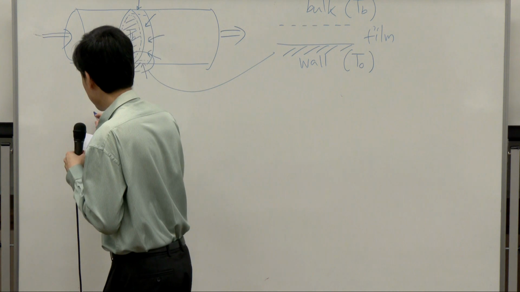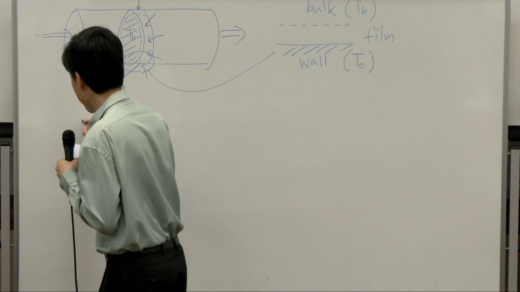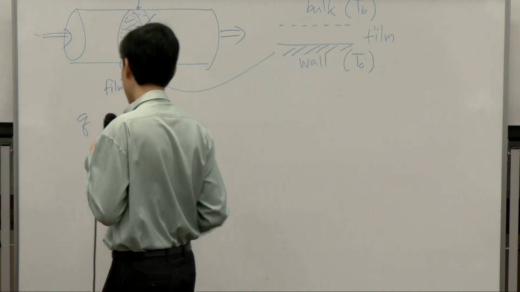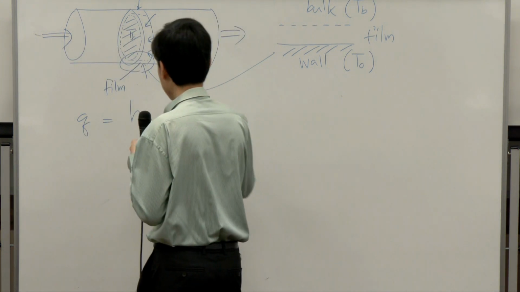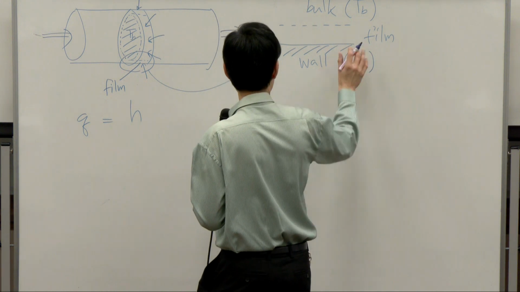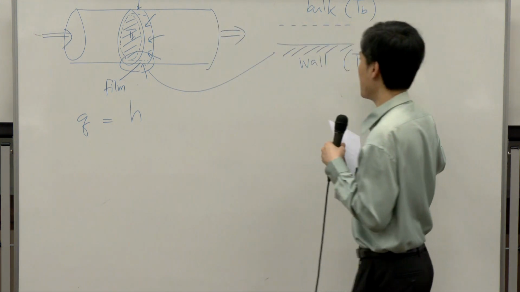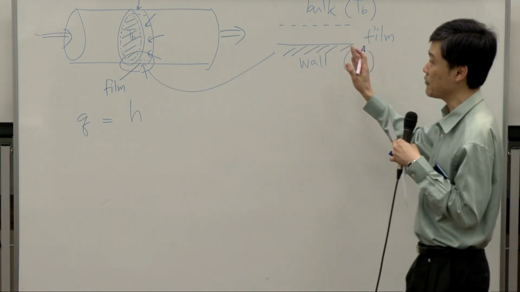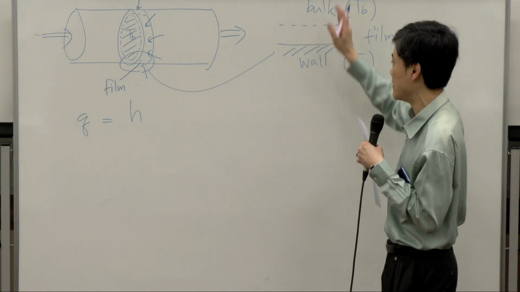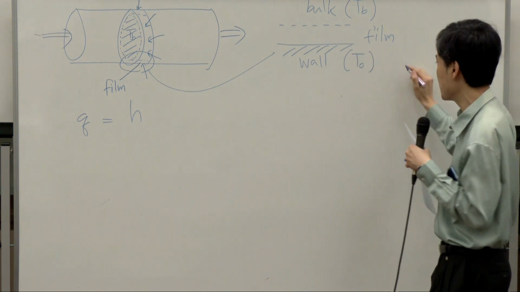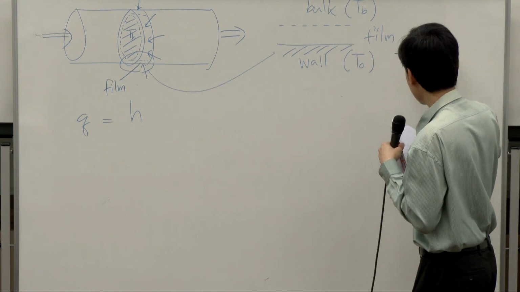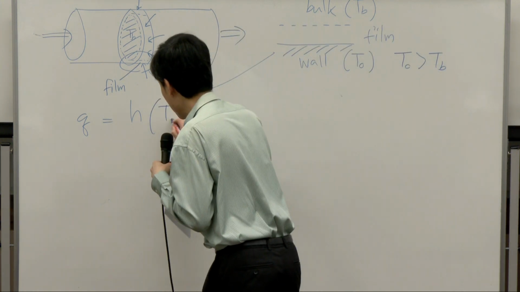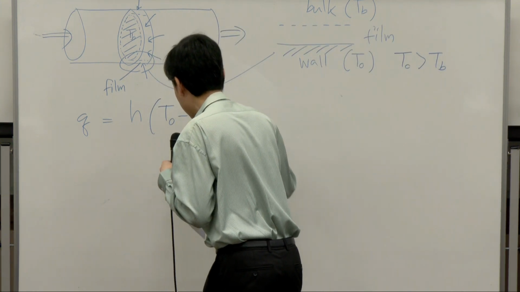Q is equal to heat transfer coefficient times delta T. And this delta T would be the high temperature subtracted by the low temperature. Right now, heat is transferred from outside in because the wall is at higher temperature. So if T0 is greater than T bulk, my delta T would be T0 subtracted by T bulk.